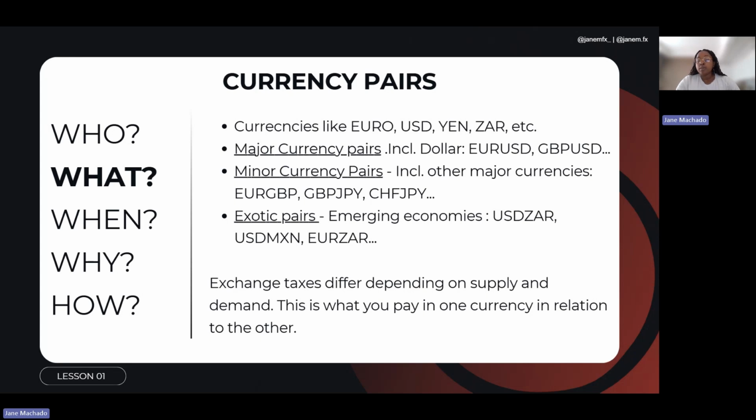Let's say I'm leaving Mozambique and I'm going to China. But before I land in China, I'll pass by some other place, okay? So I'll pass by India for some reason, okay? From Mozambique to India, I need to exchange meticais to rupees, right?